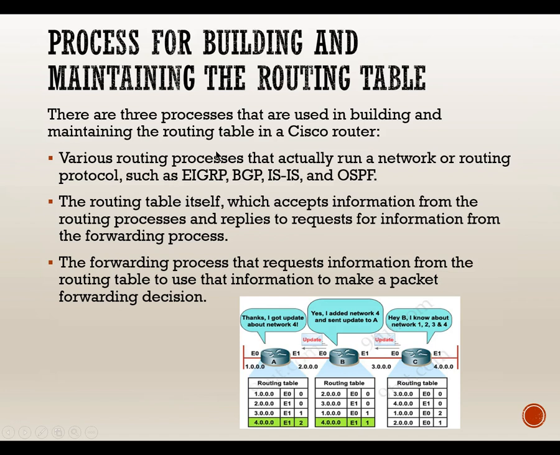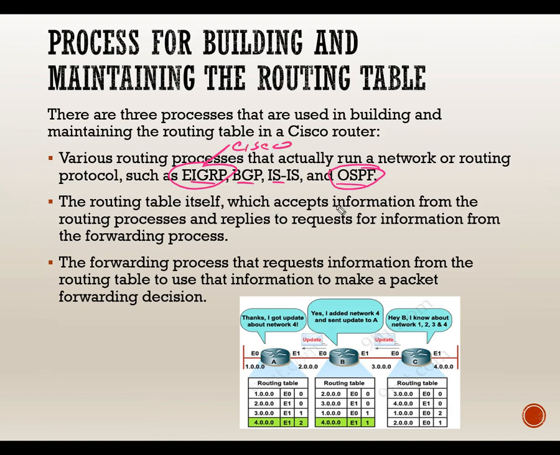Process for building and maintaining a route table, and I think we've talked about this a little bit before. The various routing processes that actually run on the network are EIGRP, BGP, IS-IS, and OSPF. What we're concerned with in CCNA is OSPF and EIGRP, EIGRP being the Cisco proprietary one.